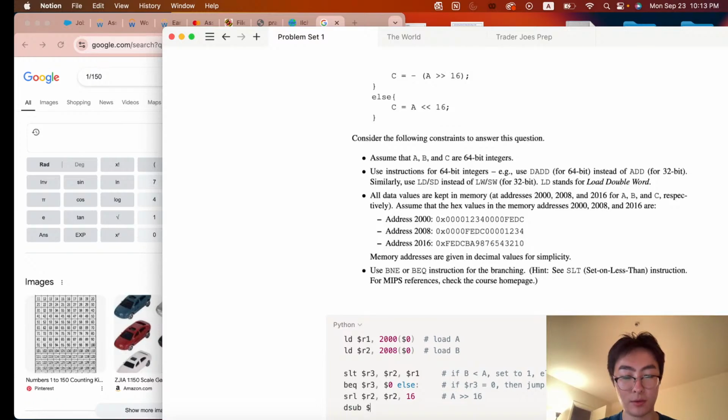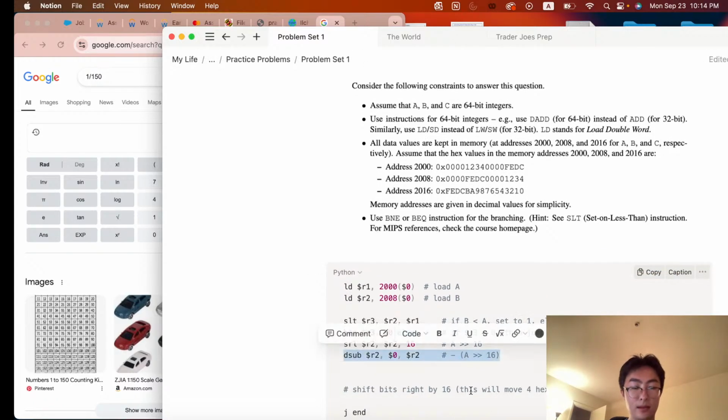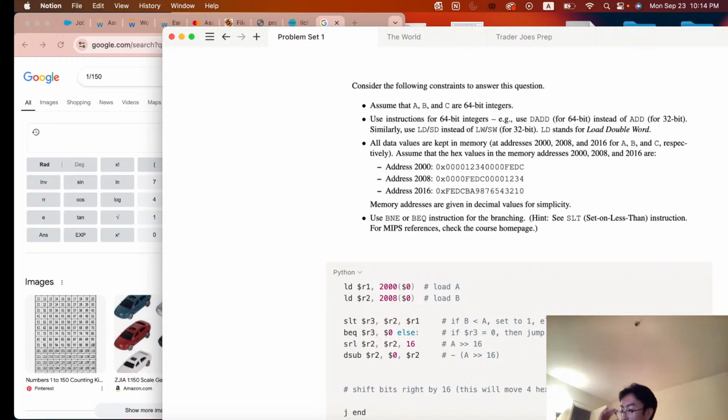So we got R2, right? And then R2, 0, and R2. So this is how we get the negative A16. Okay. All right, so get that.